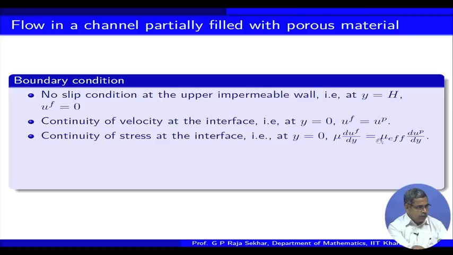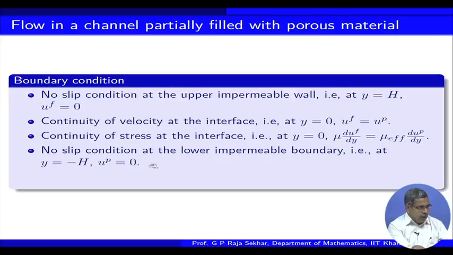So, we have the corresponding interface conditions: a continuity of velocity and a continuity of the stress at the interface. Then no slip condition at the bottom. The bottom is a porous packing, therefore the corresponding U p is 0.